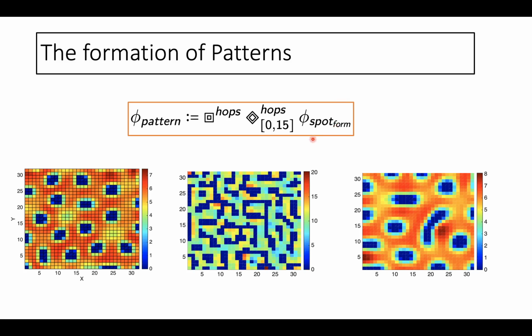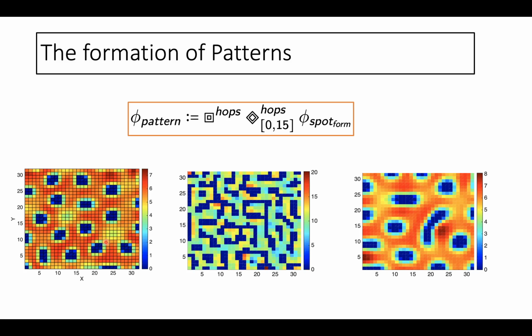So this means that each node in the grid should be connected to a node at a distance less than 50 where the spot property holds. And the 50 corresponds to the maximum distance between the spots. So in this way, we can describe a global property.